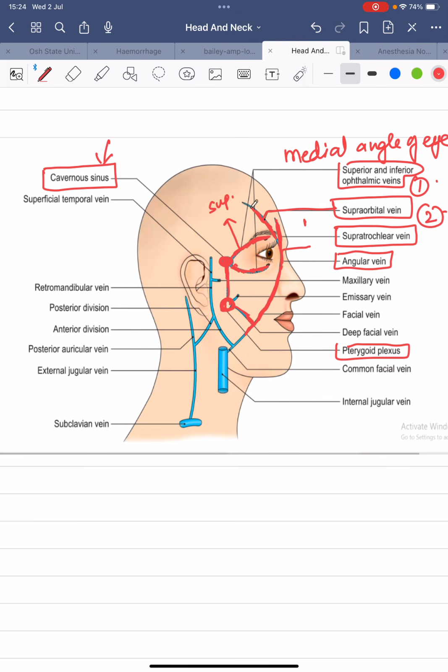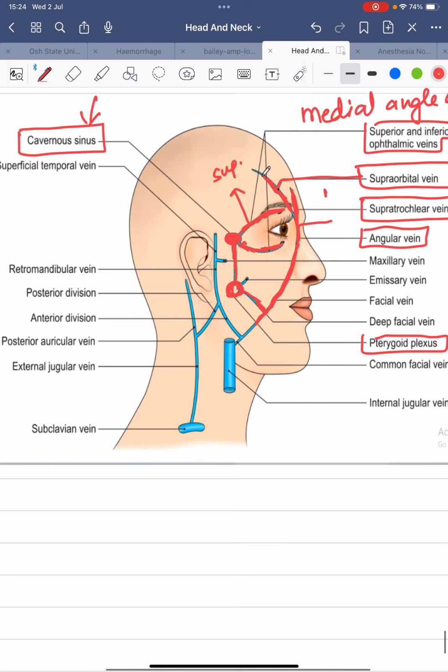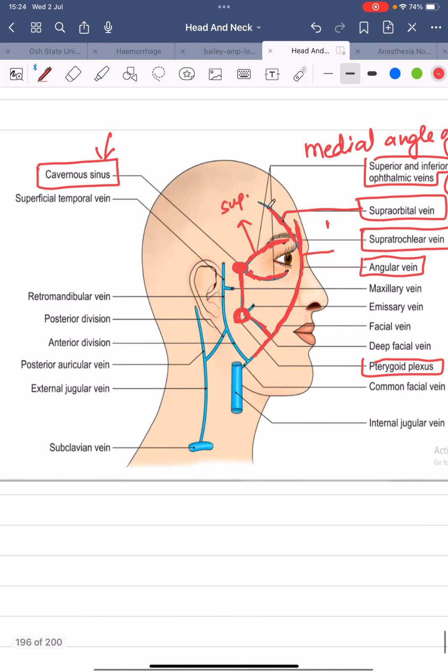Now this facial vein, see here all students, is going downward, and I will stop here at the moment and continue with this vein. This is our retromandibular vein. Please remember, this retromandibular vein is formed by the union of this vein, which I am highlighting in green color.